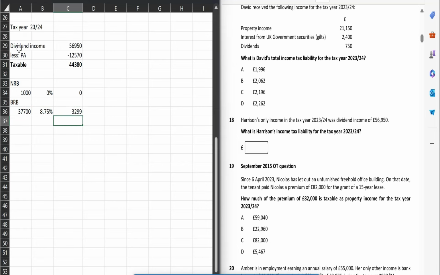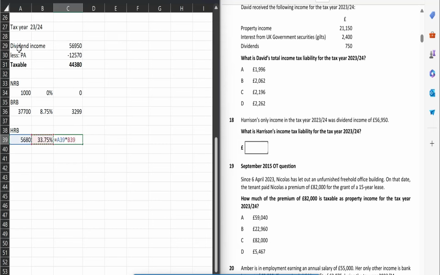And what is the amount left? That will be taxed at the higher rate. Out of 44,380, we account for the 37,700 and 1,000. So the remaining amount is 5,680, which will be taxed at 33.75%.